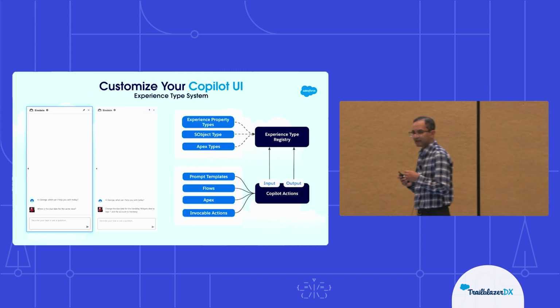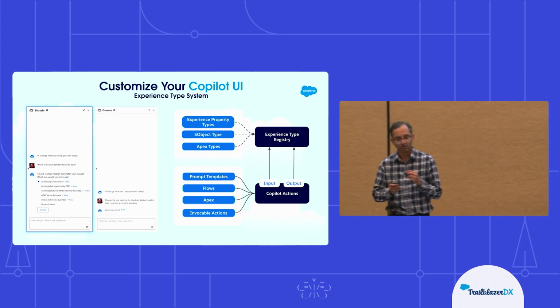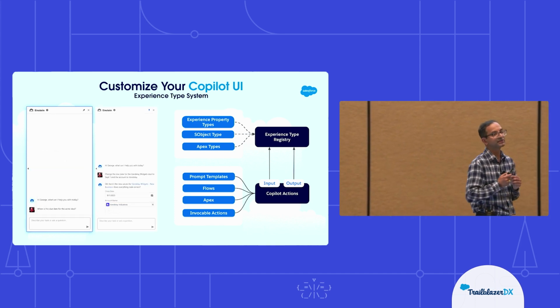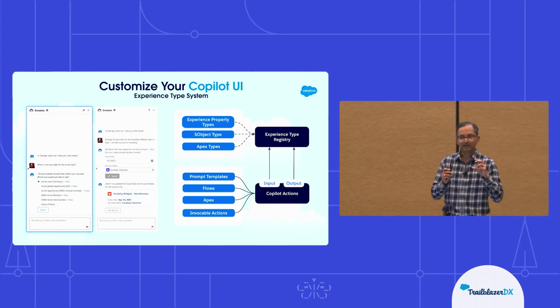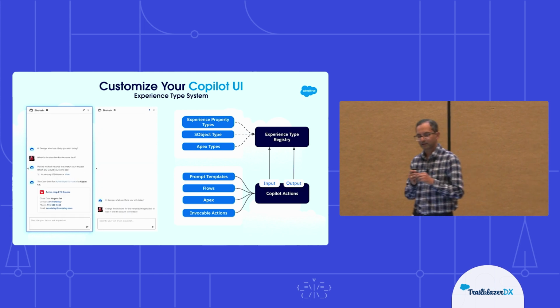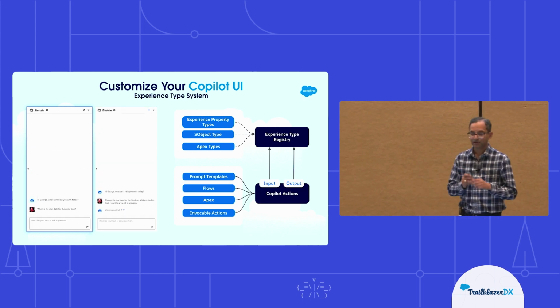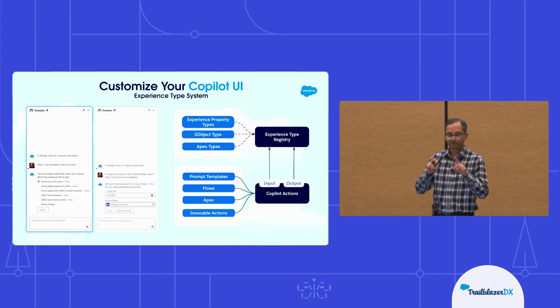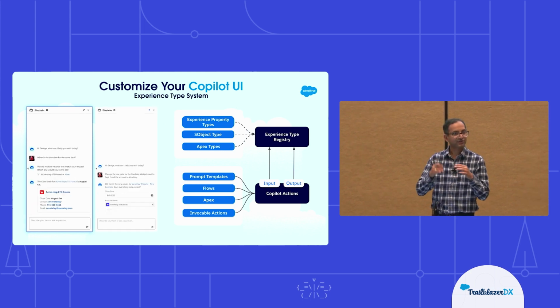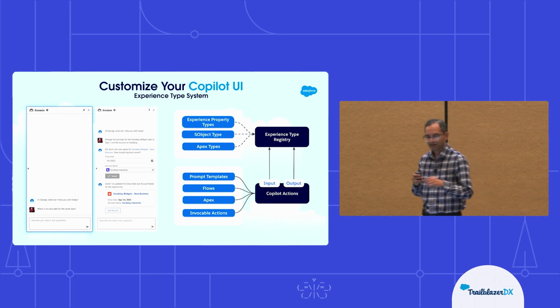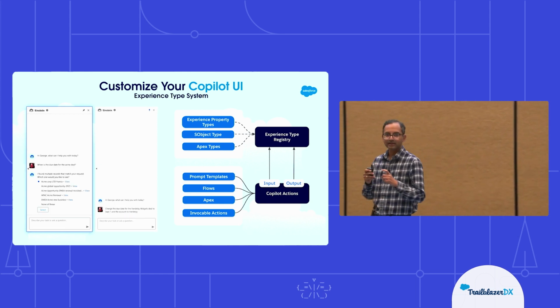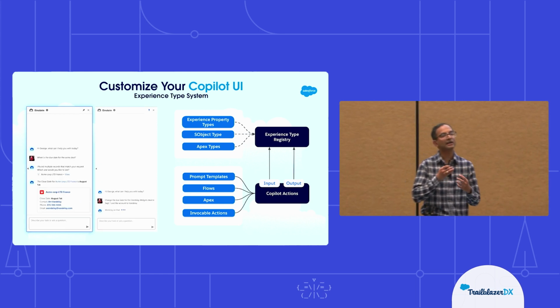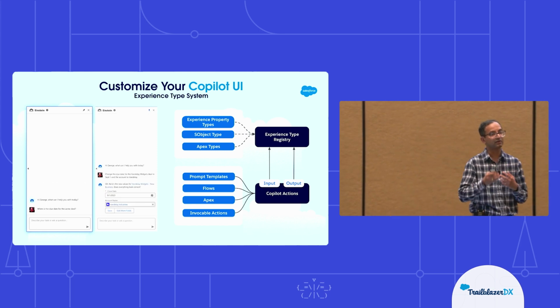One of the key things that we have built on Copilot is what we call the experience type system. Atul talked about it a little bit as to what this experience type system actually means. If you look at the left-hand side, you will see a nice widget that keeps changing, right? It shows how Copilot behaves for you for different contexts.